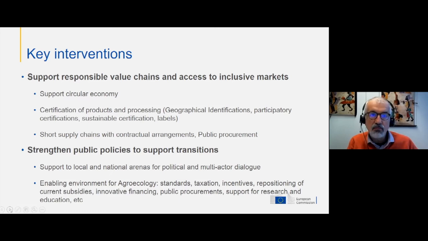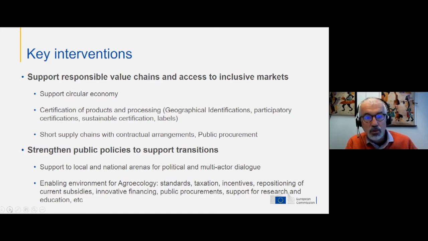But we also can have intervention around certifying produce. We mentioned that yesterday already. Certifying produce or processes. It could be participative certification or the creation of sustainable labels, ideas like that.